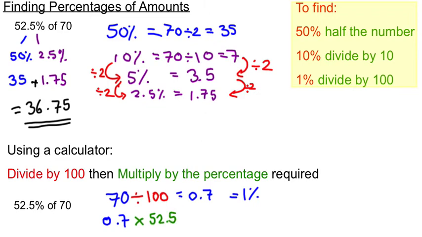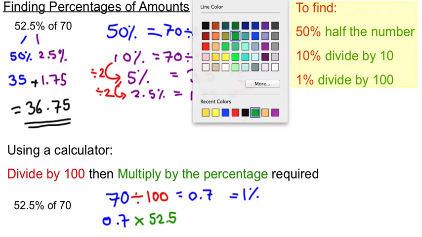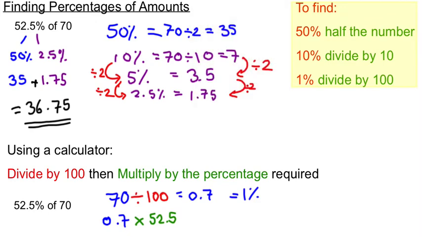And if we do that on our calculator, believe it or not, very excitingly, we end up getting the same answer as we got when we did it in this method here above. You end up getting 36.75, and that's the answer.